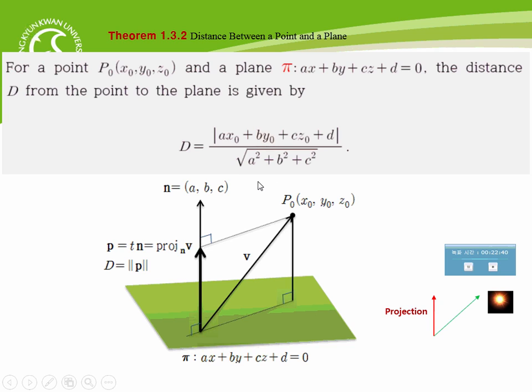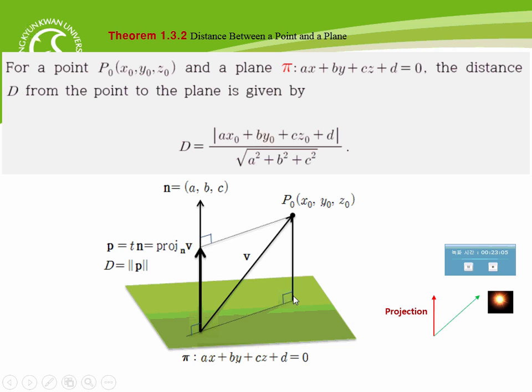Who can explain? The shortest distance from this point to this plane should be this one, isn't it? So we are looking for this length, the length of this vector. But finding this vector and the length of this vector is not easy.